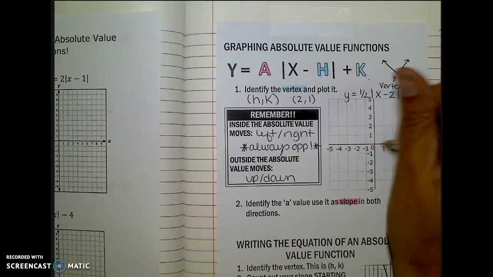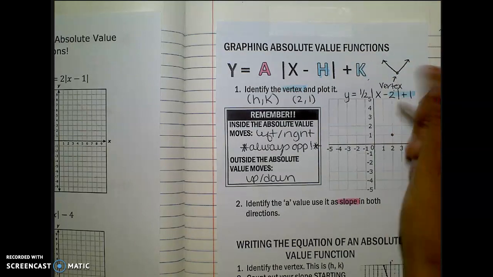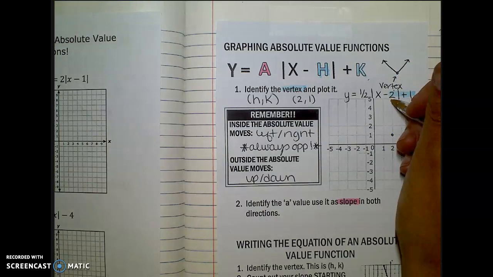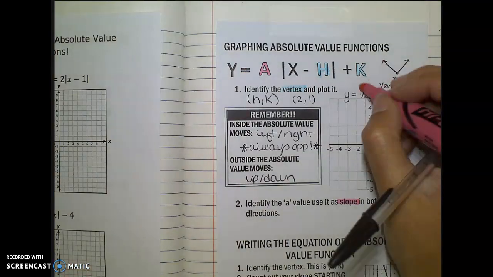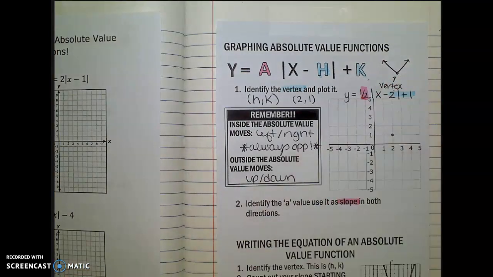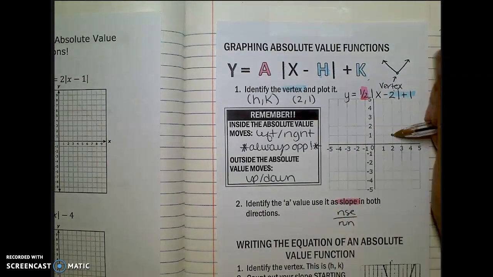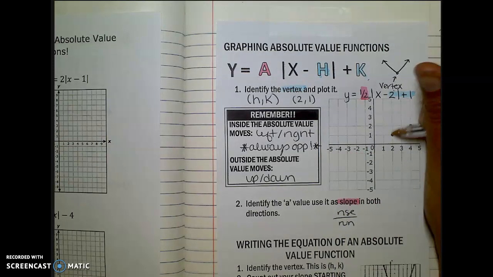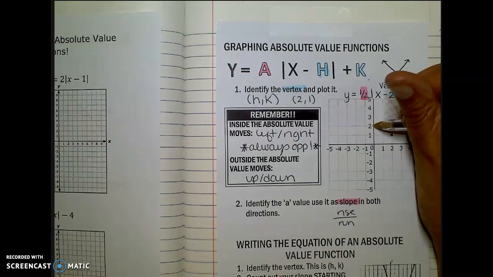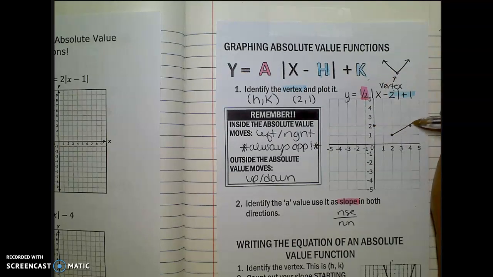And so I'd plot 2, 1, again, keeping in mind that thing is opposite. Then I'd find my slope, which is half, and we'd do that as a rise over run thing in both directions. So I'd go up 1 over 2. And then up 1 this way over 2, so I can get both sides of that V.